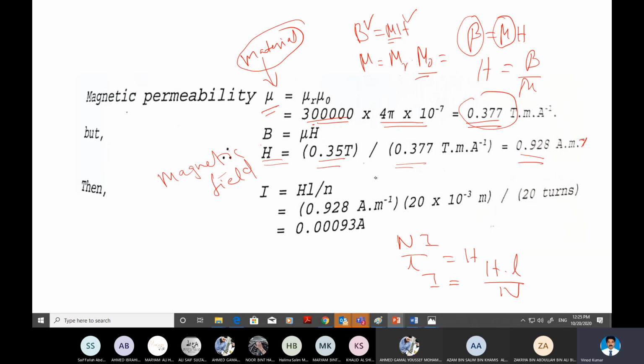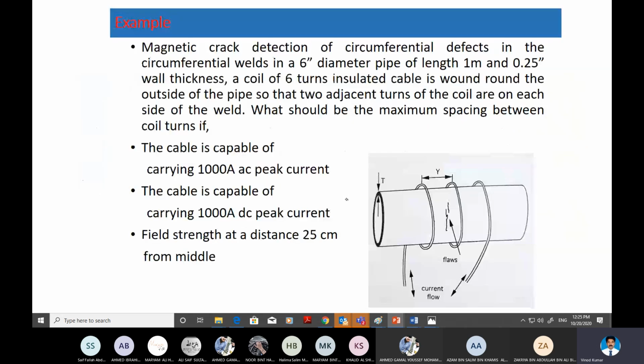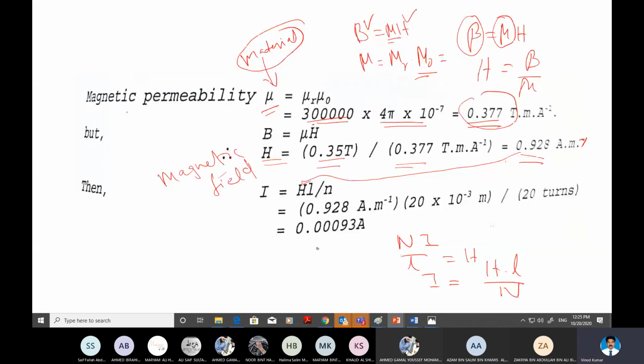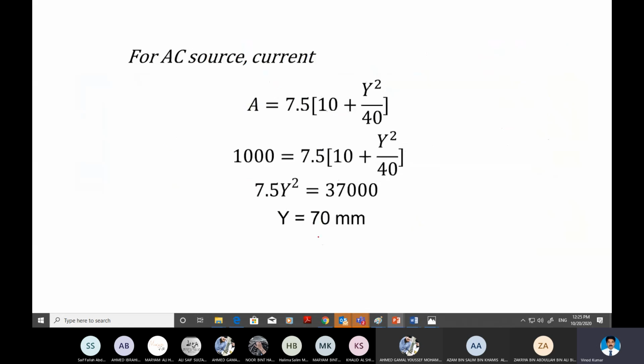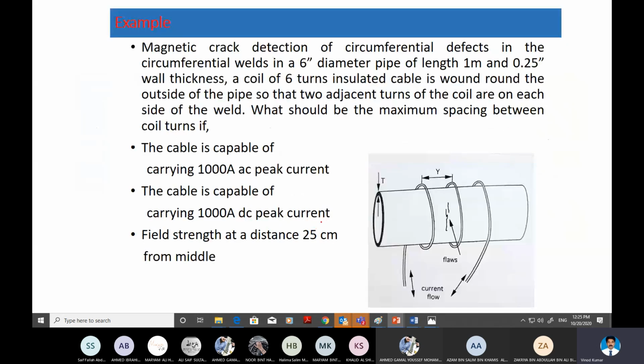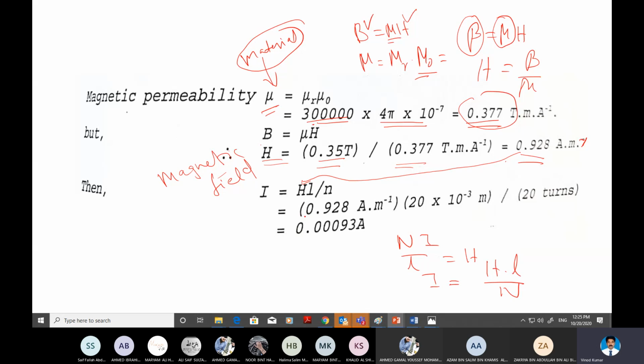This is H, this is L, and this is N, the number of turns. You get the current required to produce this.